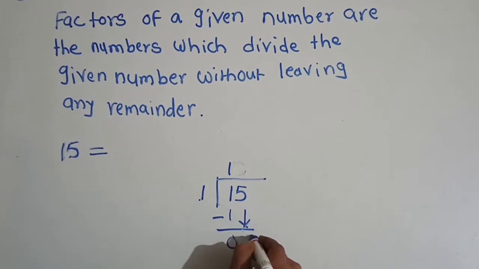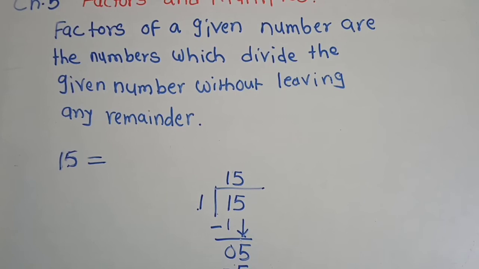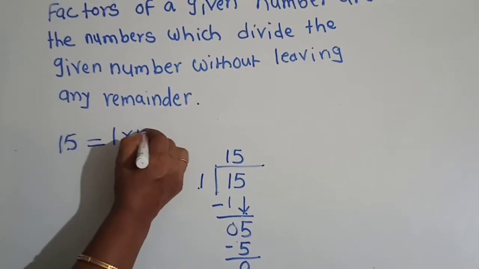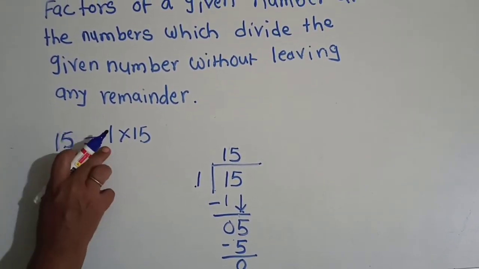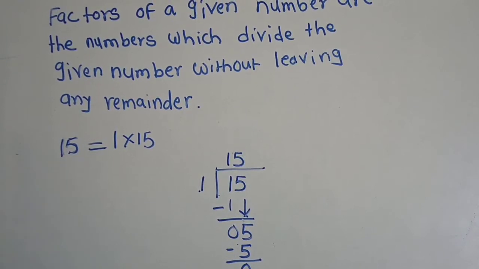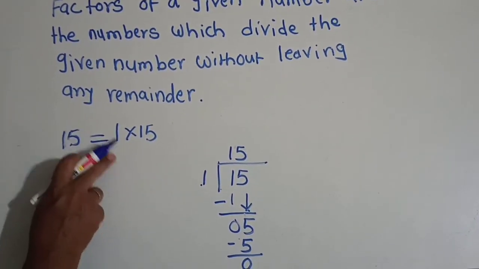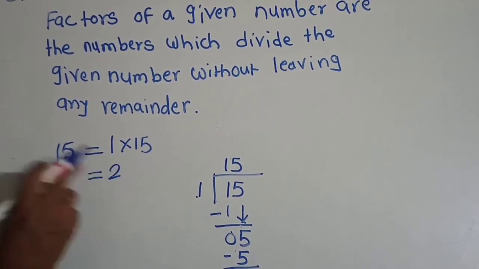Take down 5 here, and 1 five is 5. Look here, remainder 0. So 1 multiplied by 15, these are factors of 15. Now after 1 we have to take number 2. We have to go in sequence, 1 then 2. Now see here.